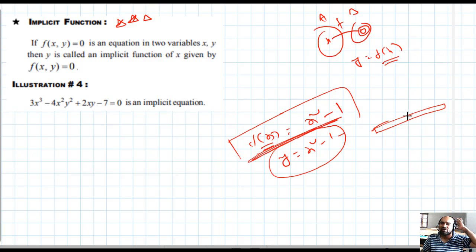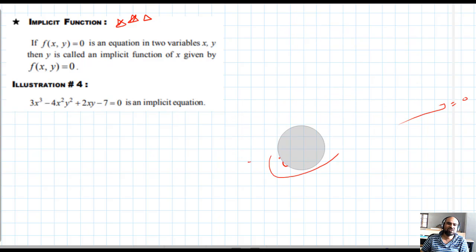From the equation given, involving two variables x and y, directly you can't make y the subject. Then you can say that it is an implicit function. If you can make y the subject, it is called an explicit function. So implicit means directly you can't make y the subject. Here f of x, y equals 0 is an equation in two variables x and y. Then y is called an implicit function of x. In other words, directly you can't make y the subject. So this is an implicit function.